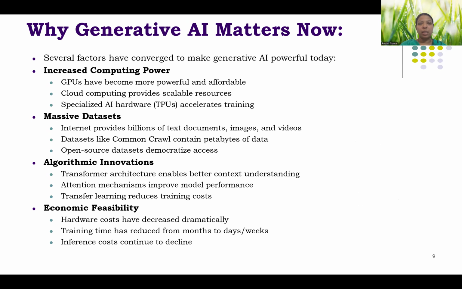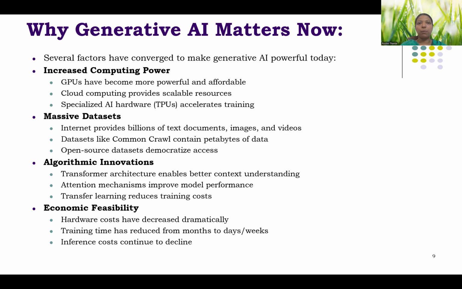Okay, so why generative AI matters a lot: in olden days, to do all this we didn't have enough computation power or resources, but now we are able to do all these things. We can train a model with billions of parameters because we have increased computing power. That's one reason.